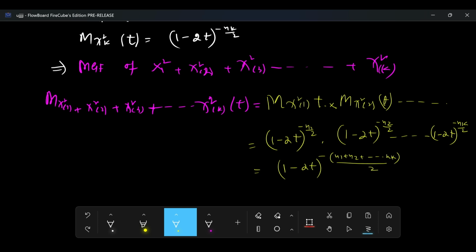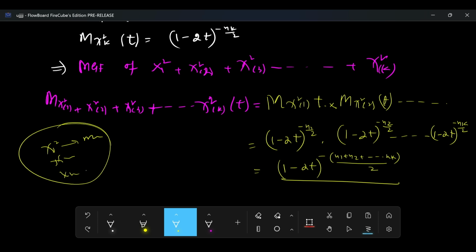So this is the MGF of the sum of chi-square variates x1, x2, x3 up to xk. Then the MGF will be this. So if x1 square, x2 square, xk square have these MGFs, then the sum of these is also an MGF of a chi-square variate.